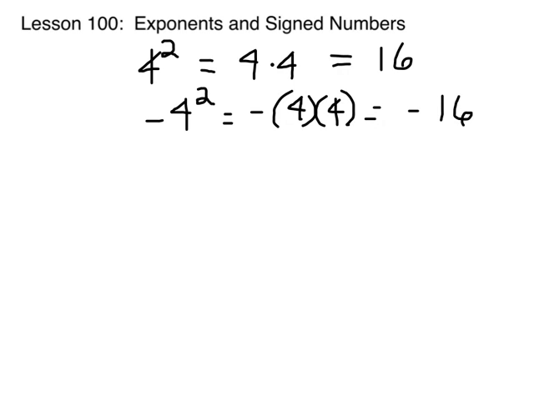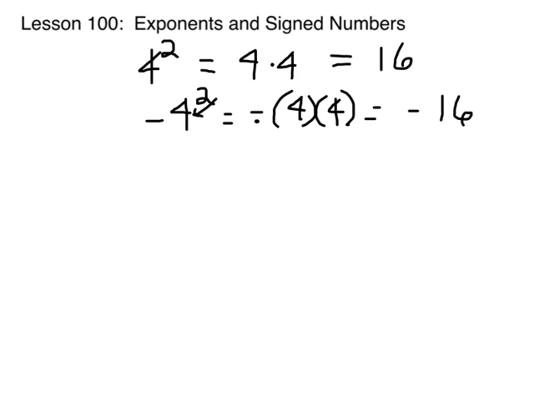And the reason is because when I'm doing the squaring, notice that I didn't include the negative sign. I'm only squaring the 4, and then the negative sign is going to attach to the answer.